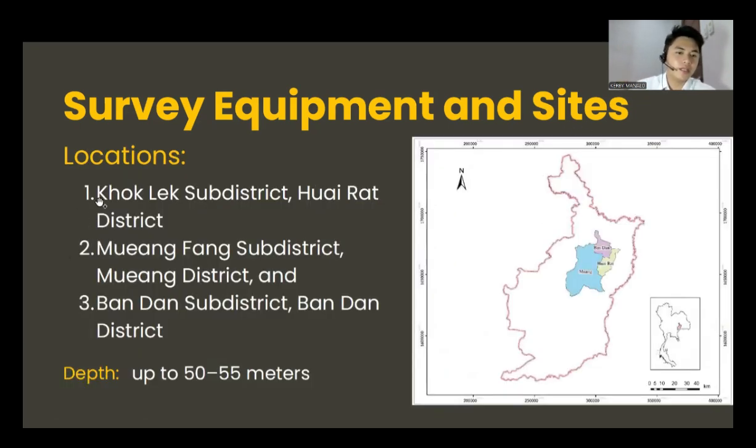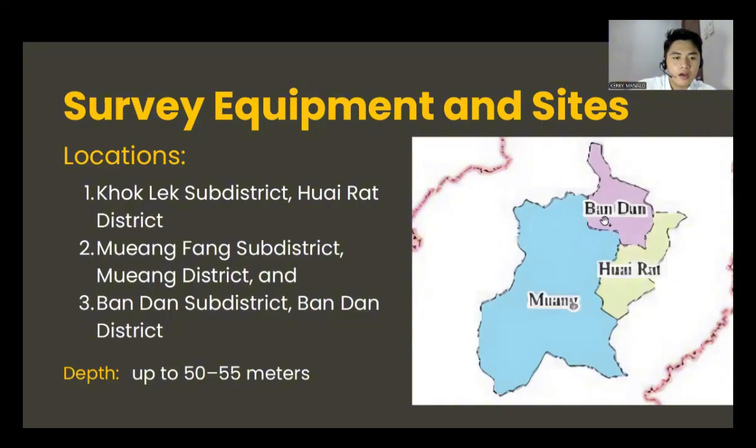The first one is Khok Lek, which we can find in the Wairat district, then the Mueang Fang Subdistrict located in the Mueang district. The third location is the Banda Subdistrict, which we can find in the Bandan district. So figure 1 shows their locations.